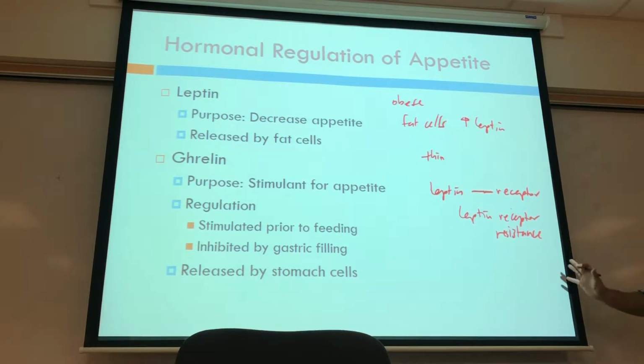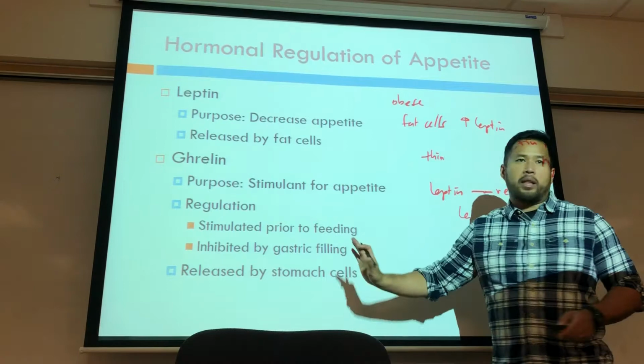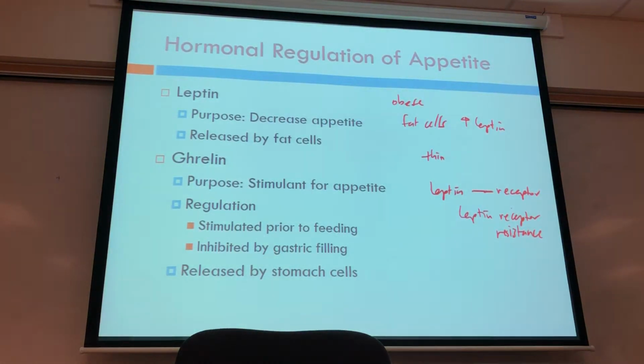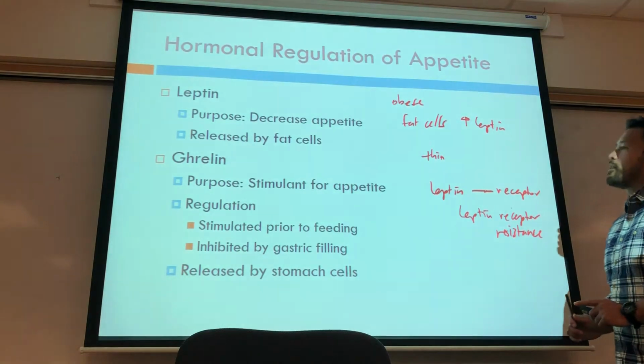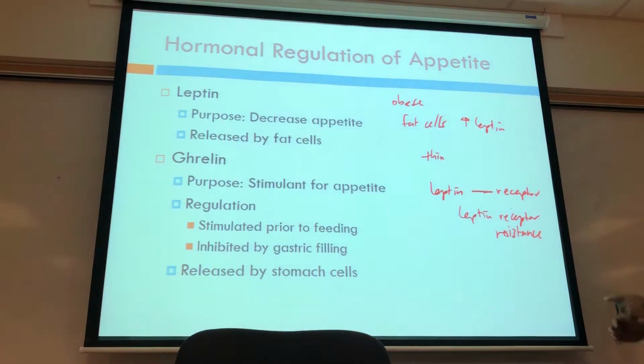But the other side of it all, we need to talk about what's going to stimulate the appetite, and that's where ghrelin comes in. So ghrelin is produced by the stomach cells. It receives information from stretch receptors, things within the stomach.